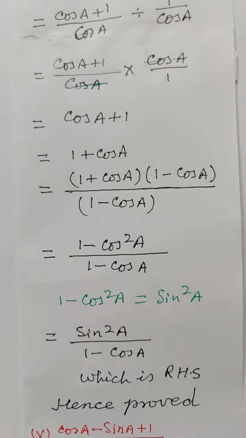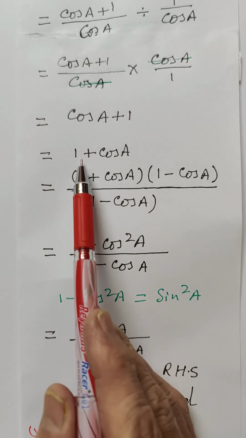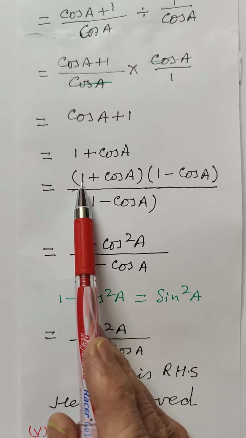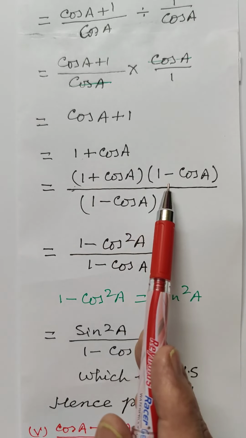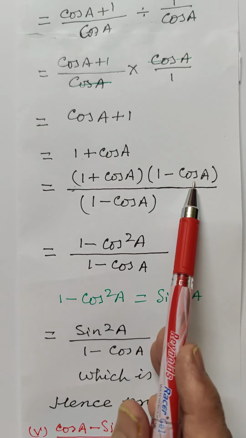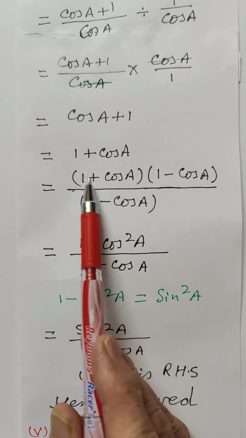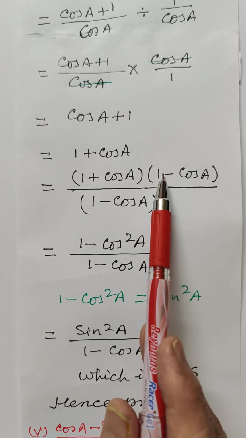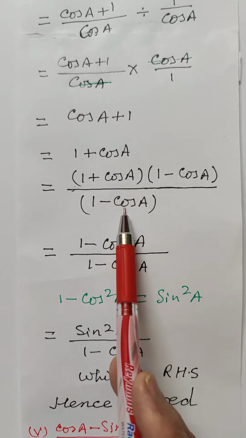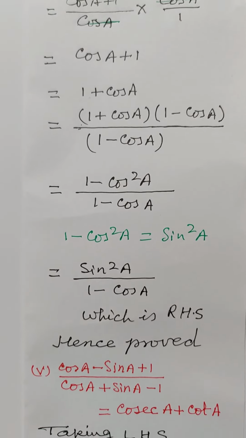We can write this cos A plus 1 as 1 plus cos A, and for this 1 plus cos A, multiply numerator and denominator with 1 minus cos A. So (1 plus cos A) within bracket into (1 minus cos A) within bracket upon (1 minus cos A).